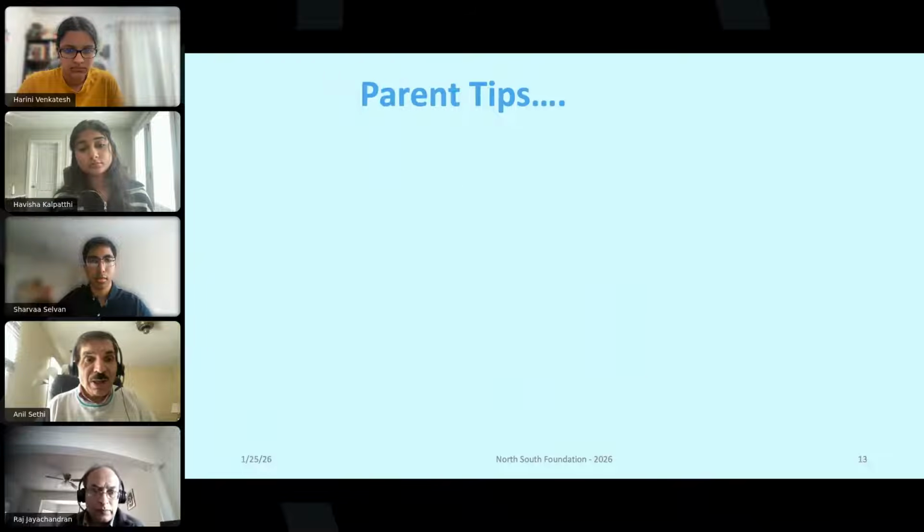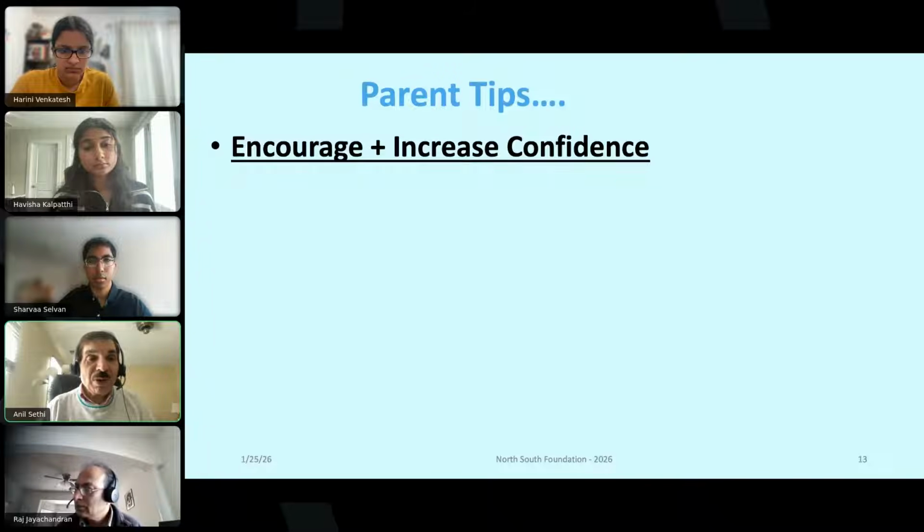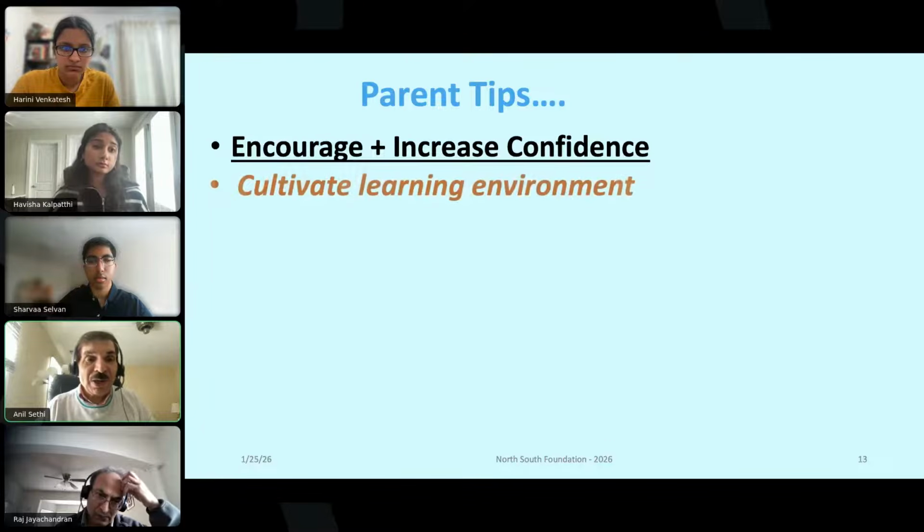The next thing is what the parents can do. You should encourage your child and increase their confidence level by providing them with tips and resources, obviously. But also, if they sometimes get discouraged, don't let that be a setback. Give them encouragement and provide them resources.